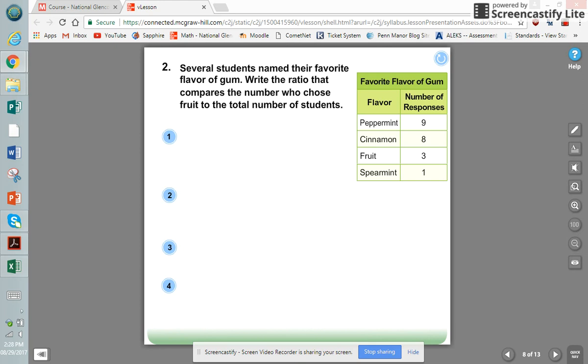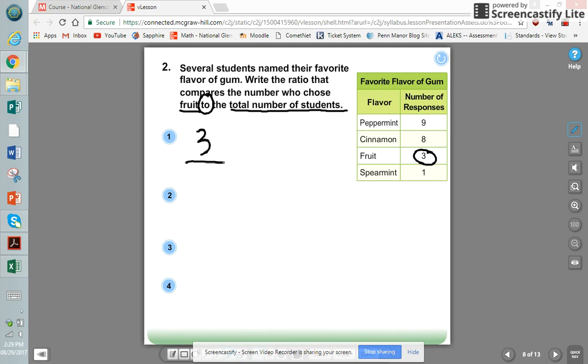Write a ratio that compares the number who choose fruit to the total number of students. That "to" I circled because it tells me in my ratio what goes on top and what goes on the bottom. In this case, fruit comes first, so it goes on top. There are 3 in the fruit column.